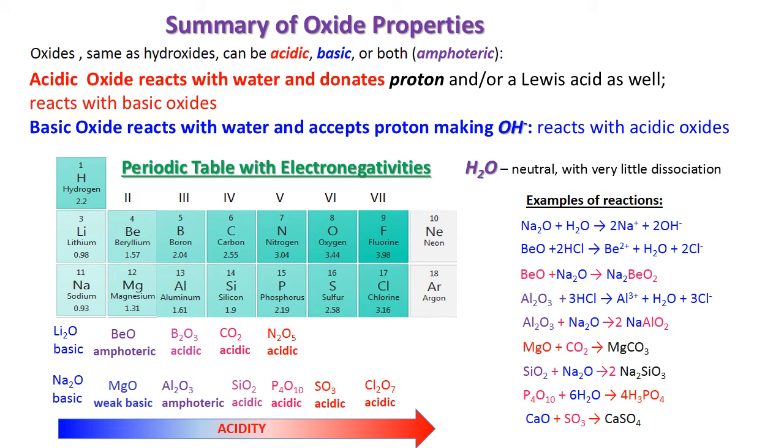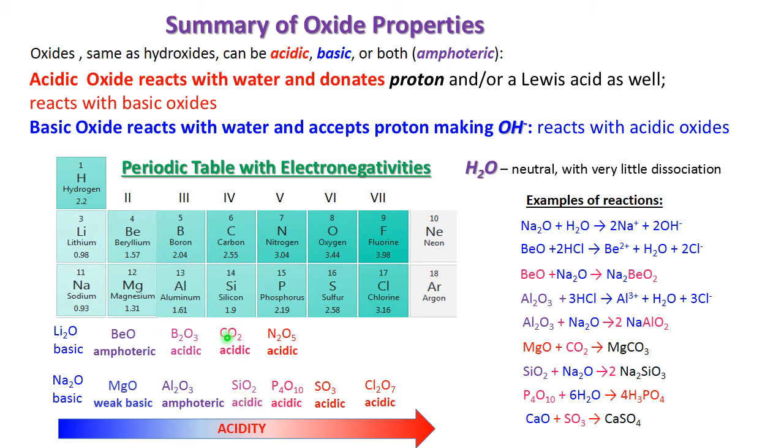Now let's look. Lithium and sodium oxides are basic. Beryllium oxide and aluminum oxide are amphoteric. Very weakly basic is magnesium oxide, but visibly basic. Very weakly acidic are boron and silicon oxide.